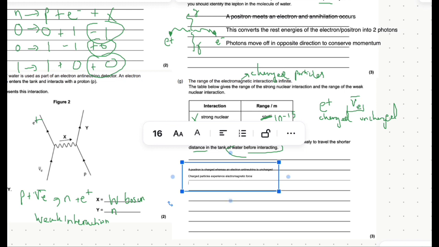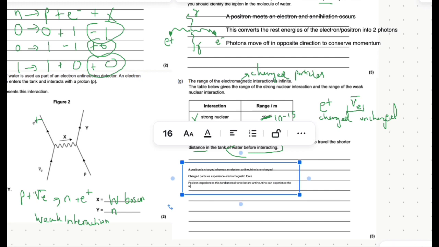You can skip ahead, by the way, if you want to see the enlarged version of this text. And the third and final mark is for mentioning that the positron experiences this fundamental force, the electromagnetic force, before the antineutrino can experience any force, which would be the weak nuclear force, by the way, that it would experience. The weak nuclear force.